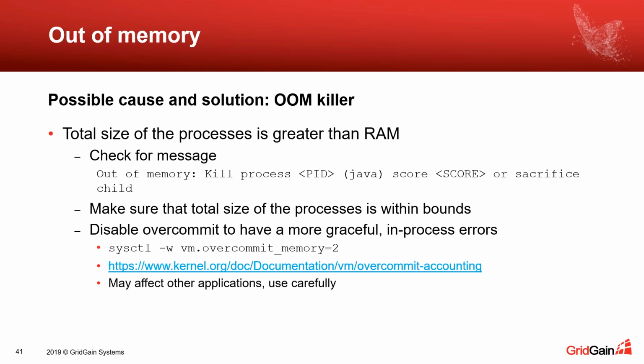You can also try disabling the memory overcommit feature, but use it carefully, because some applications actually rely on it. What overcommit does is allow processes to claim more memory than the system actually has. But if they actually try to use all of that memory, which the system doesn't have, then you will see these OOM killer issues.